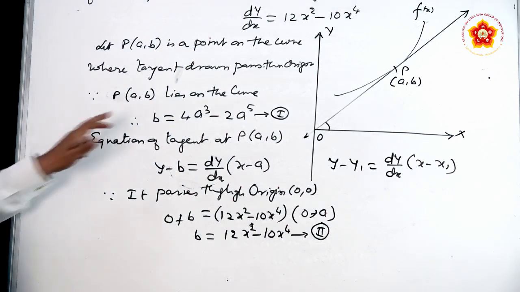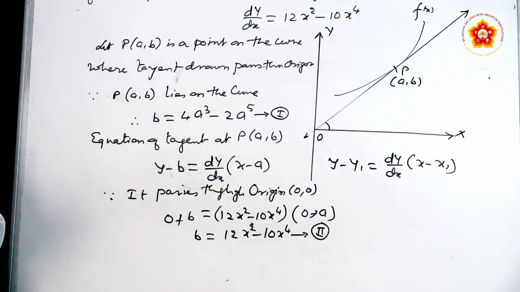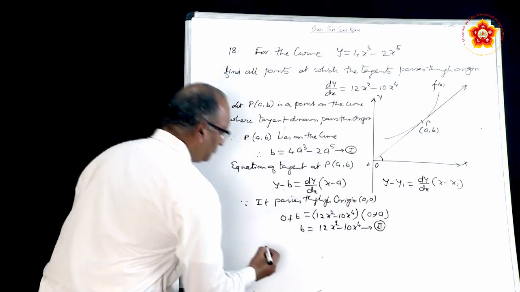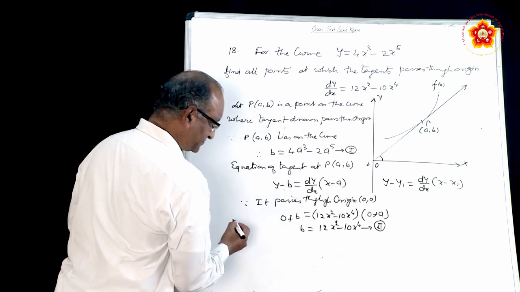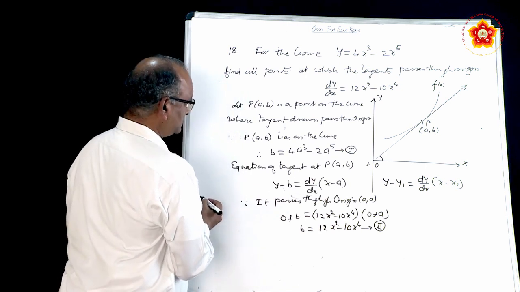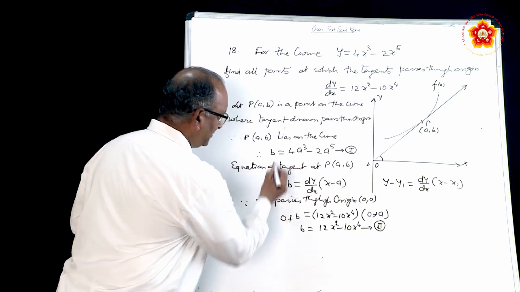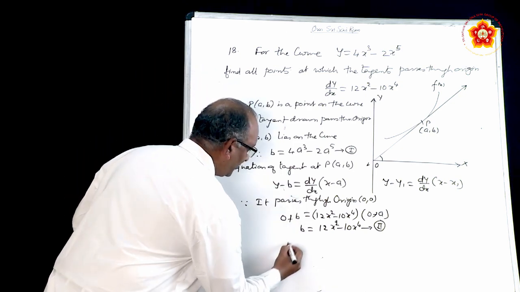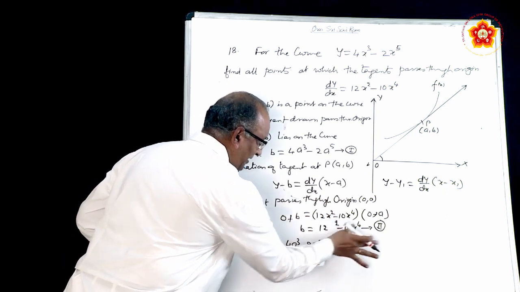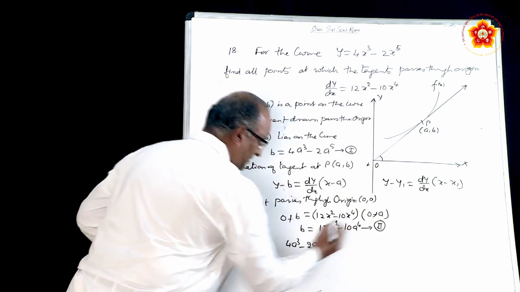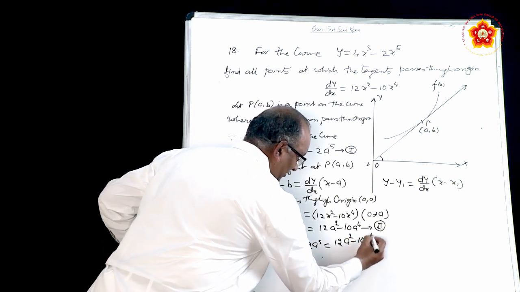Compare first and second. First one is also giving you b, second one is also giving you b. So, both are equal. Equate each of them. This is the value of b. So, 4a cube minus 2a to the power 5, here also we have to substitute a and b. Substitute the values, equal to 12a square minus 10a to the power 4.